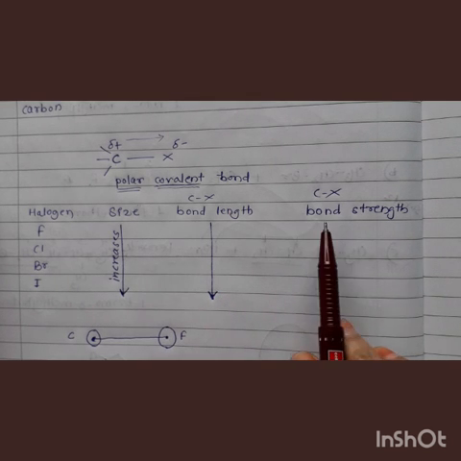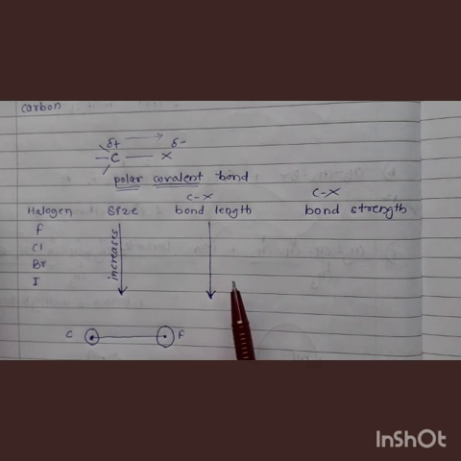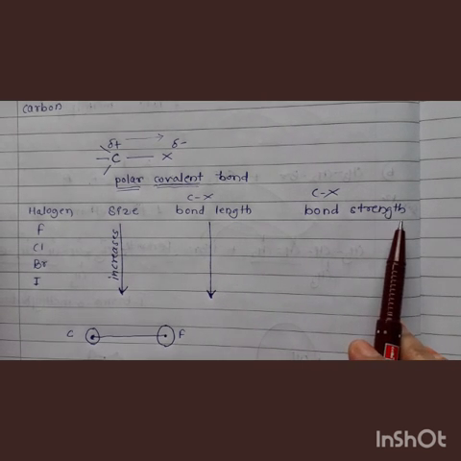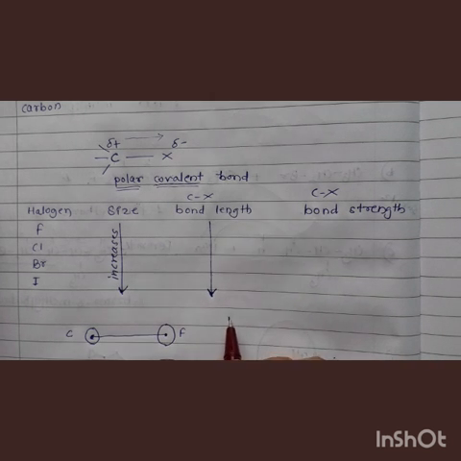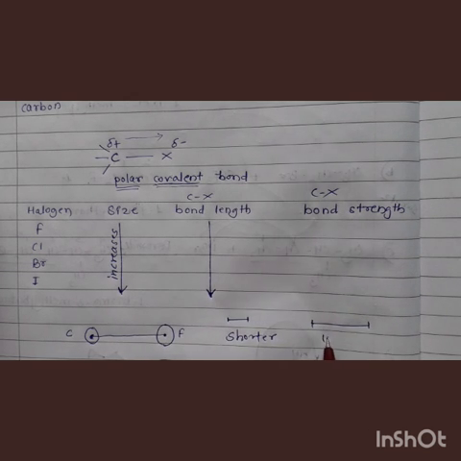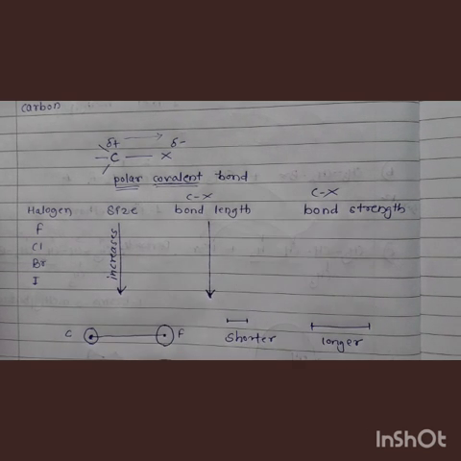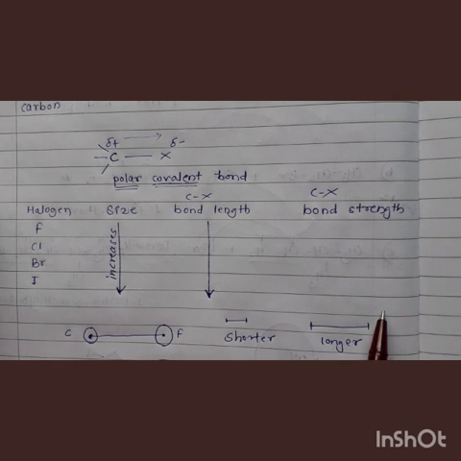Then what about bond strength? What will happen when bond length increases? Will bond strength increase or decrease? We have studied in 11th standard that shorter bonds are stronger than the longer bonds. So as the bond length increases, bond strength decreases.